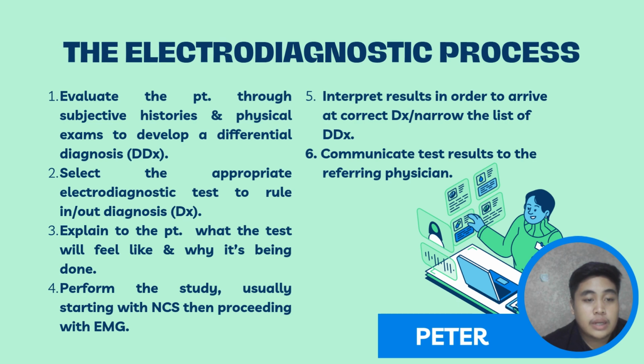Then perform the study, usually starting with NCS then proceeding with EMG. Then interpret results in order to arrive at the correct diagnosis. Narrow the list of diagnoses. Then lastly, communicate test results to the referring physician.